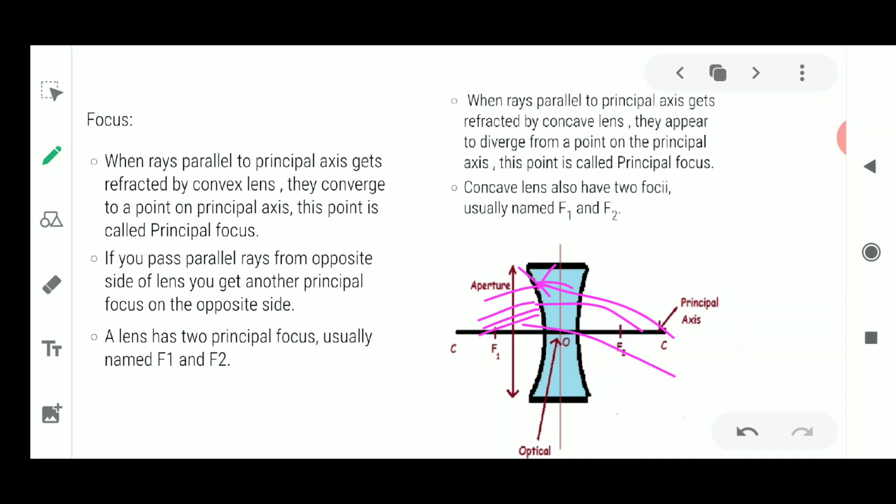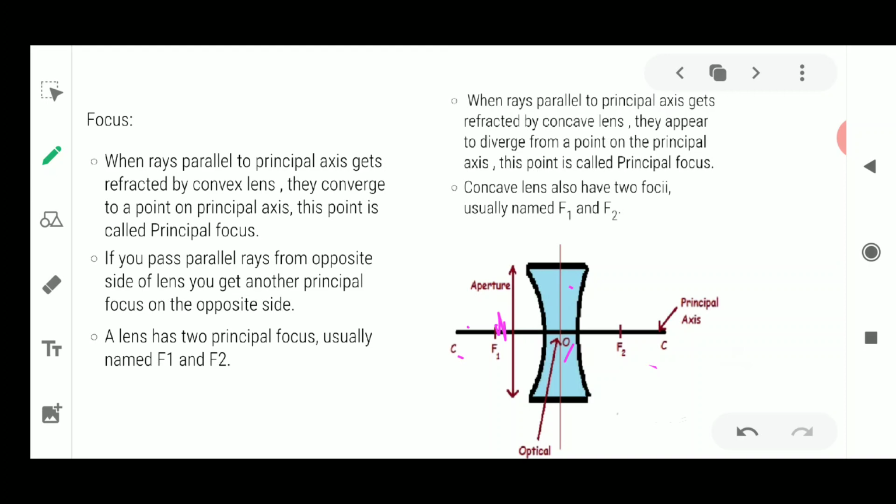If you pass a parallel ray of light from the opposite side of the lens, you could get another principal focus on the opposite side. Now we could see that there are two focuses present. Why two focuses? Because there are two centers of curvature, and I think you all have remembered that this focus was just half of the distance between the center of curvature and the optical center.